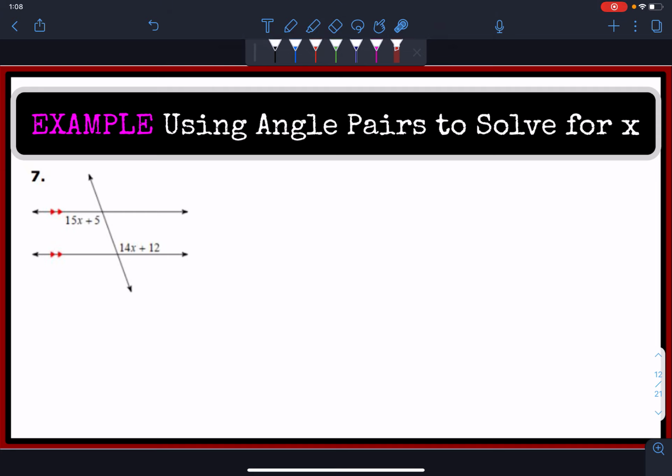Notice that this top angle right here is an obtuse angle, and this angle right here is the exact same obtuse angle. Now, since both angles are obtuse, they happen to be the exact same obtuse angle, so I know that they're going to be equal to each other. And even though, again, I said not to really focus on the name or the relationship between these two angles, they are alternate interior angles.